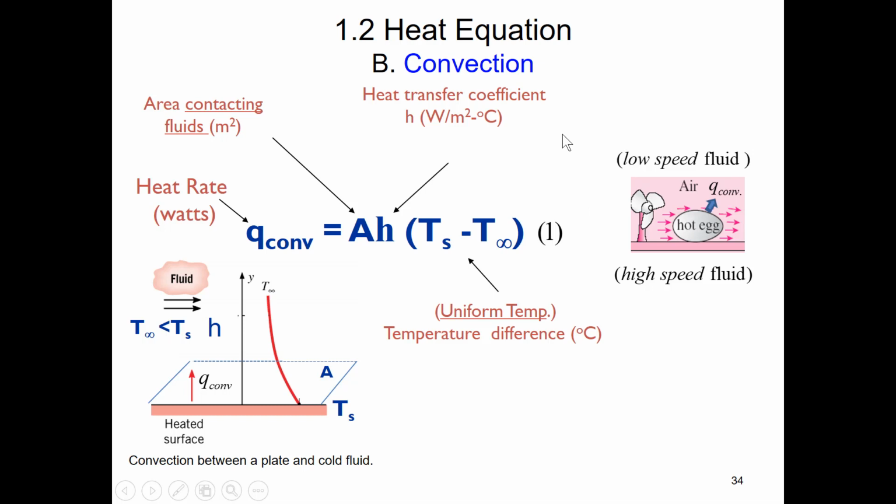From this experiment, we learned that fluid at a different speed has different ability to deliver convection heat. This kind of ability is measured and represented by the heat transfer coefficient H.